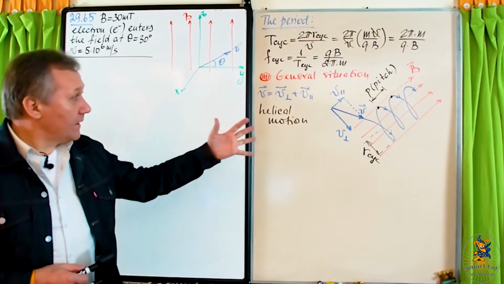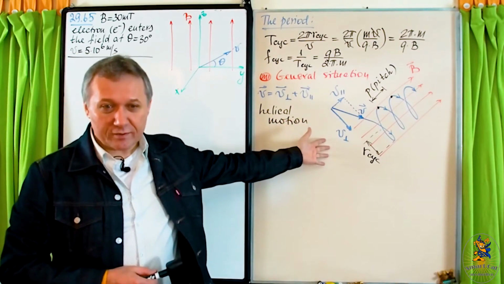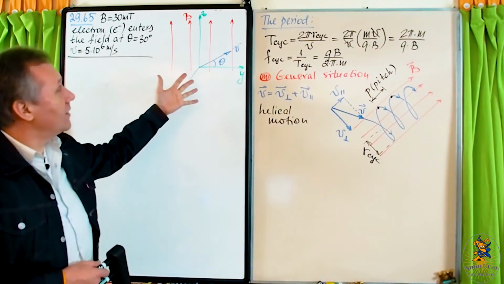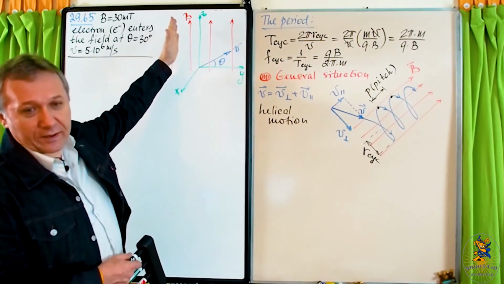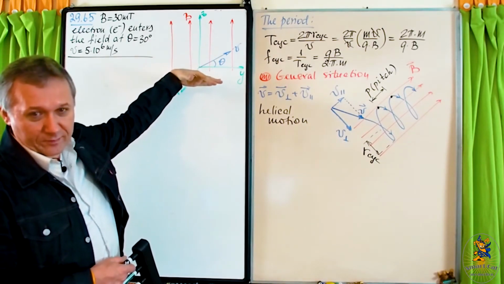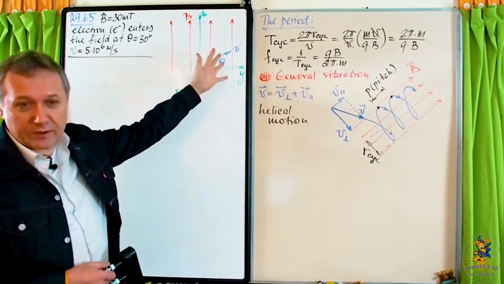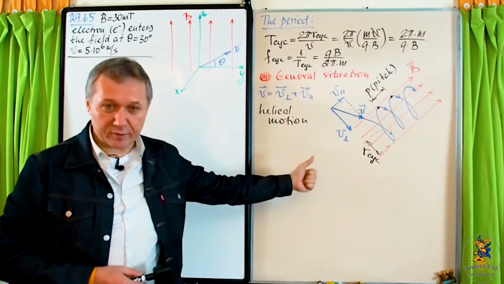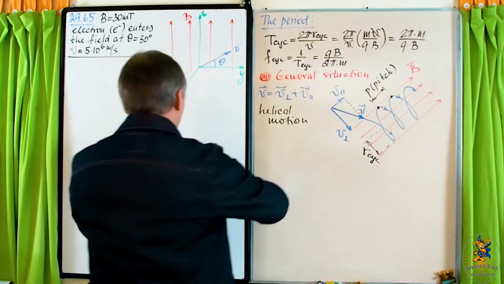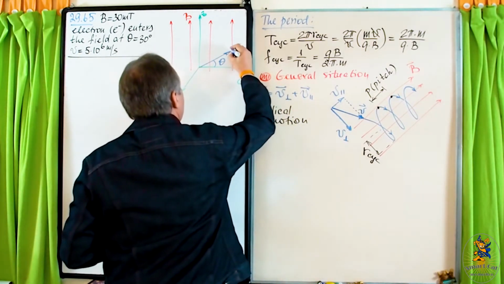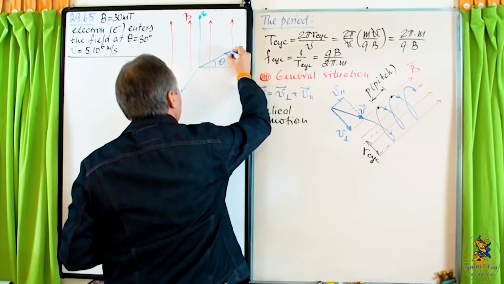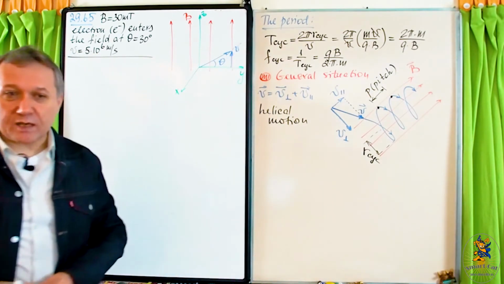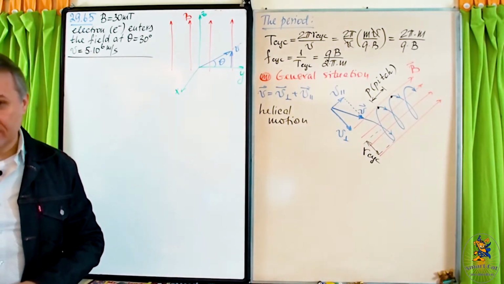So it's basically this situation. Velocity is neither parallel to the magnetic field lines nor perpendicular, right? But of course, this velocity we can decompose, along the magnetic field lines like here and perpendicular. So I can find, for example, this component. Let me label it as V sub z, because that is the z direction.